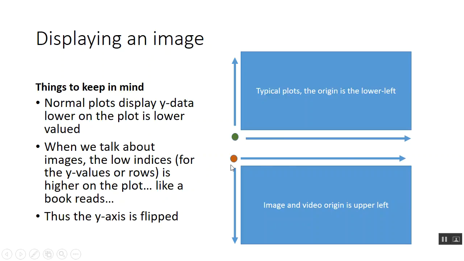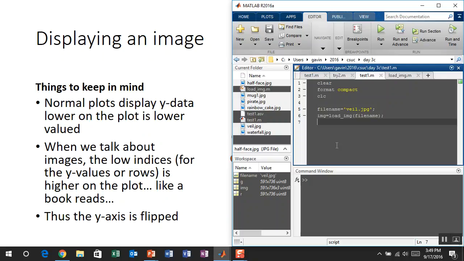For an image, the origin is actually in the upper left corner. So increasing rows actually are down on the y-axis. Increasing columns are to the right again. That's for images and video. So this is automatically flipped by the image function, but I would just want to show you.